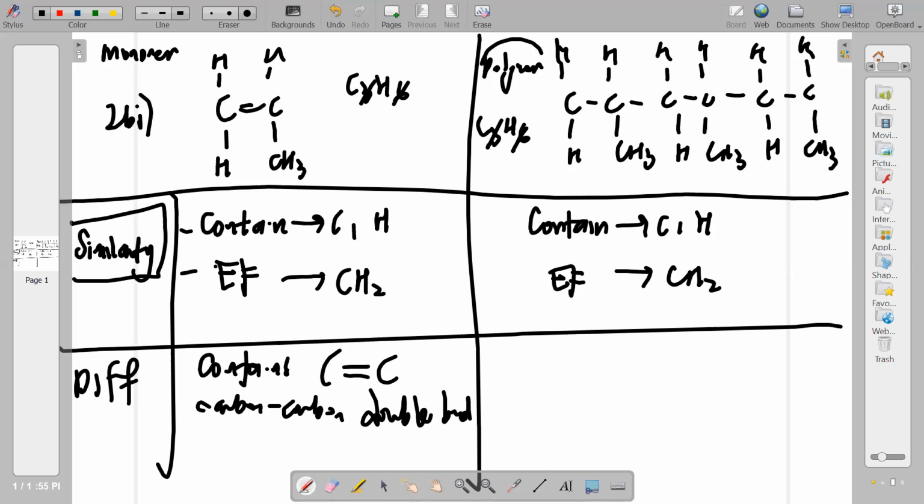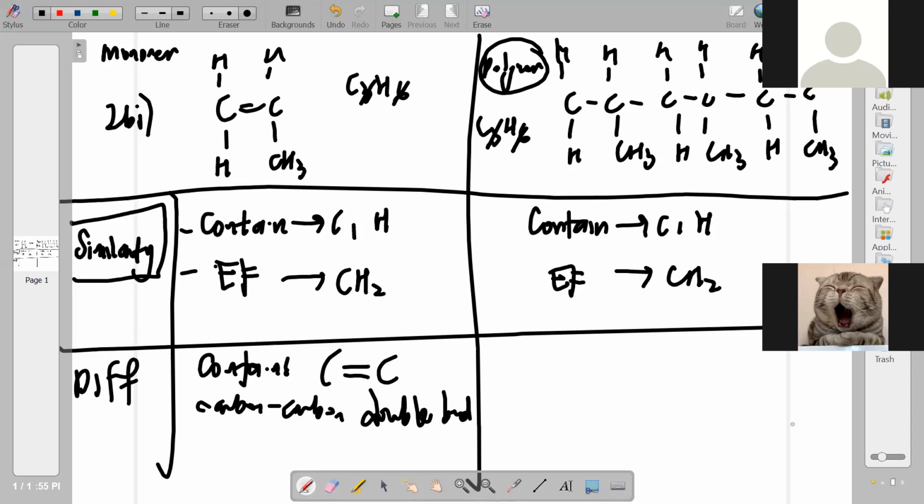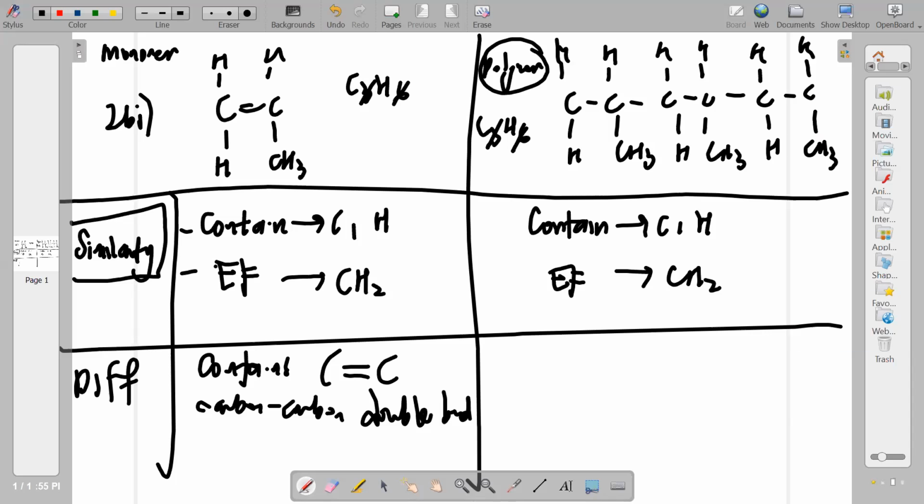Who would like to do for the polymer? This is the one that is the polymer. If one side has the carbon double bond, how about the one on the right hand side? Farah, are you able to speak up? Can you hear teacher, Farah? Farah not here already. Okay, never mind.